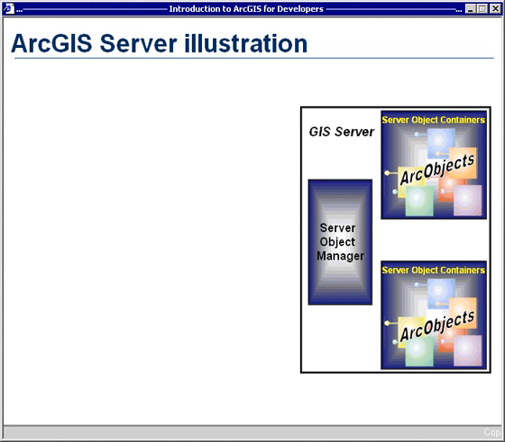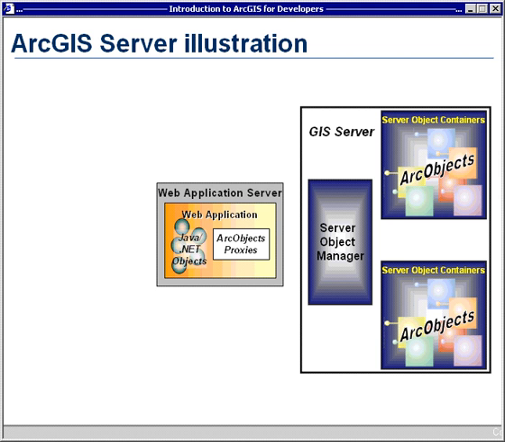So let's take a look at how the different pieces fit together. The first part is the GIS server, which has two parts, the server object manager and the server object containers. There can be several different server object containers depending on the scalability of your solution. This is where the ArcObjects are and where the actual work takes place. Next is the web application server.